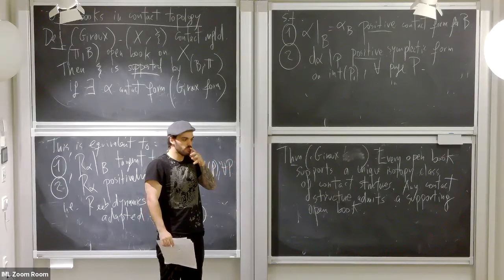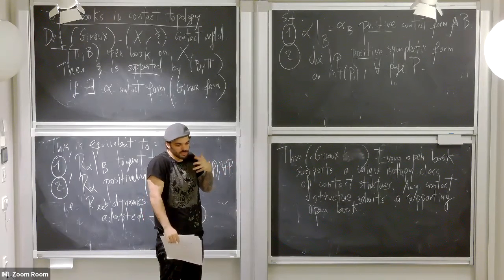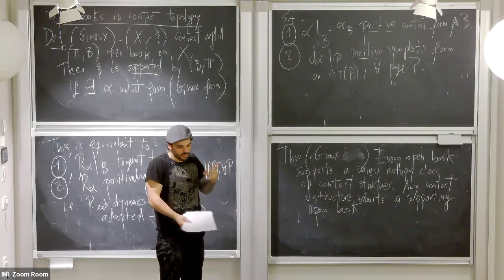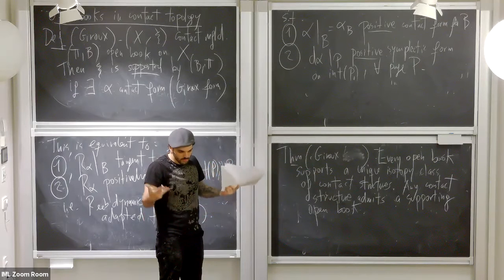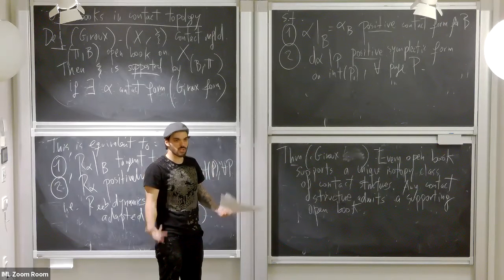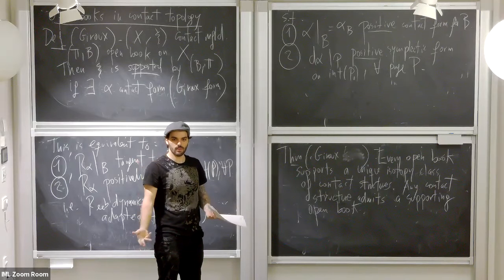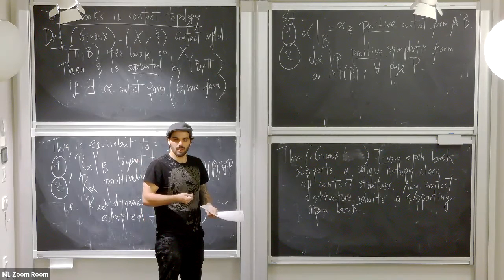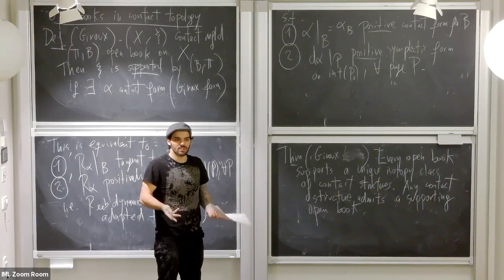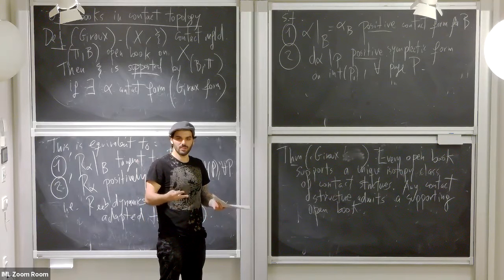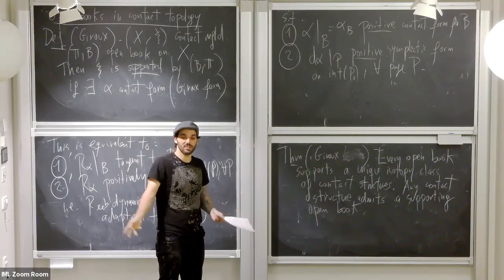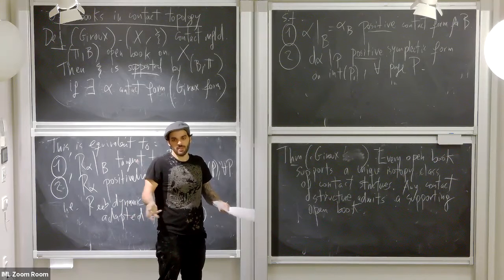So what Giroux did in dimension 3 can be interpreted as reducing the study of contact geometry to the topological study of open books. This is why one calls the field contact topology, when the object of study is the contact manifold itself, because you can do it topologically in dimension 3, say.